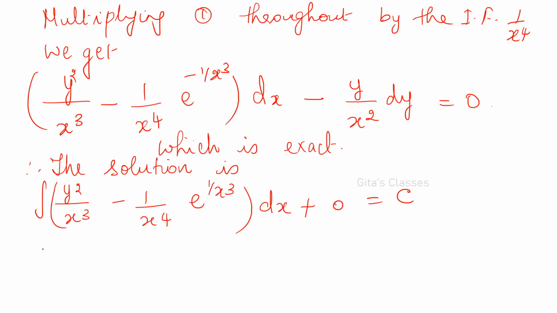So this can be written as y squared is a constant, keeping y as a constant, don't forget to write that, okay? That is y squared into x power minus 3 means minus 3 plus 2 divided by minus 3 plus 2, okay?